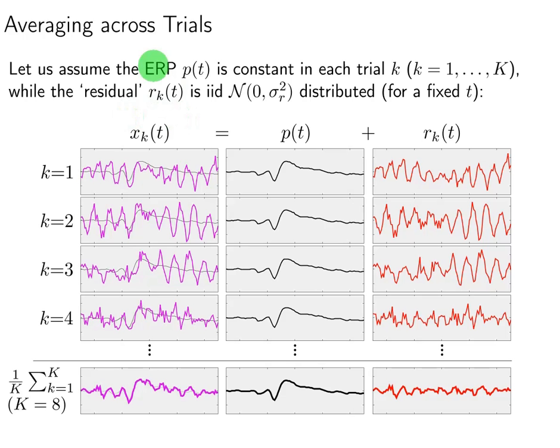Let's now assume that the ERP, the signal of interest potential, is constant in each trial across K trials, while the residual, the noise component of EEG, is generated IID according to some Gaussian distribution with zero mean and variance of 1, for example. IID stands for independently identically distributed.